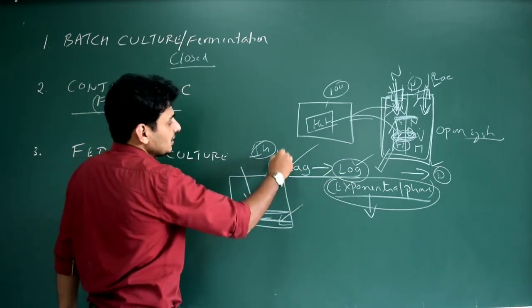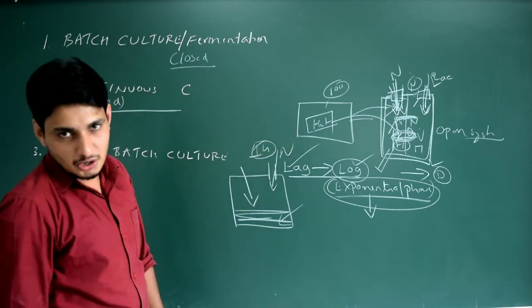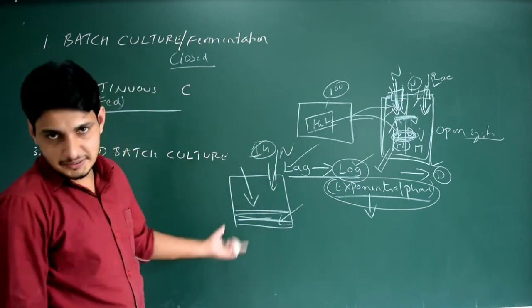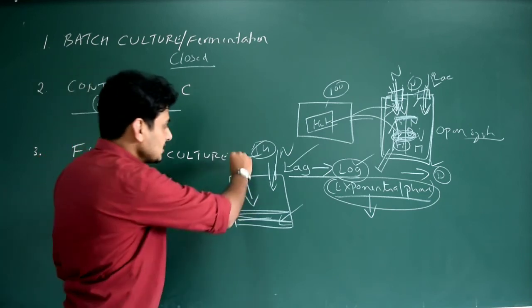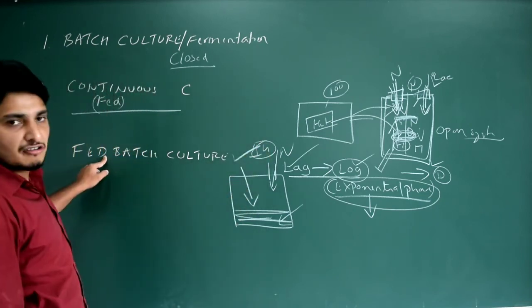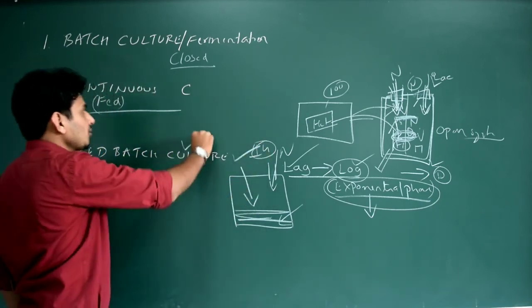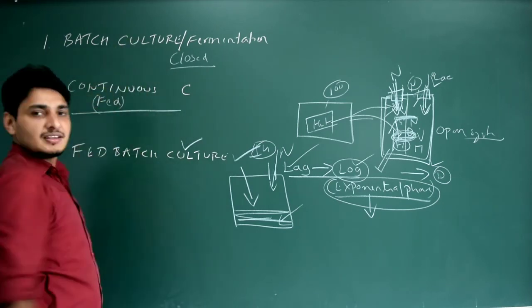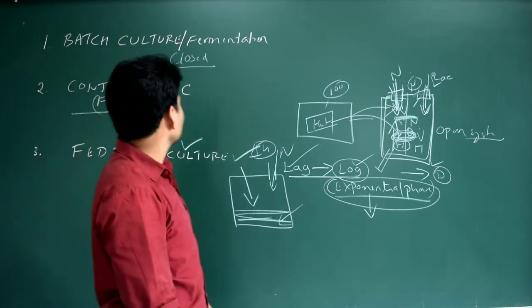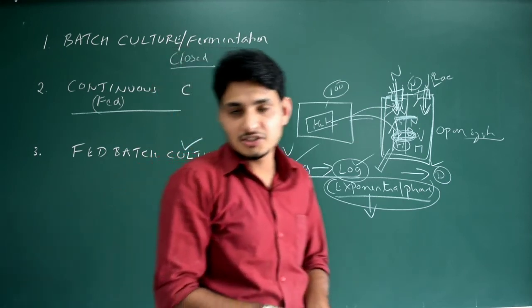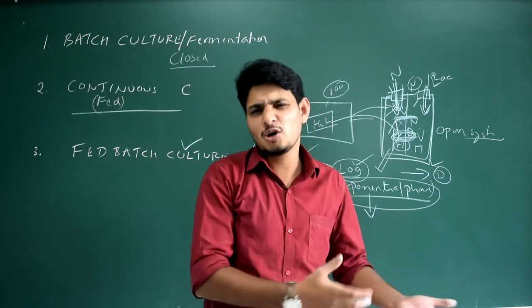Now I start supplying the nutrients or oxygen. Got it? So it continues like that. So this is actually the combination of both, fed batch culture. So this is preferred over the other two. Got it?